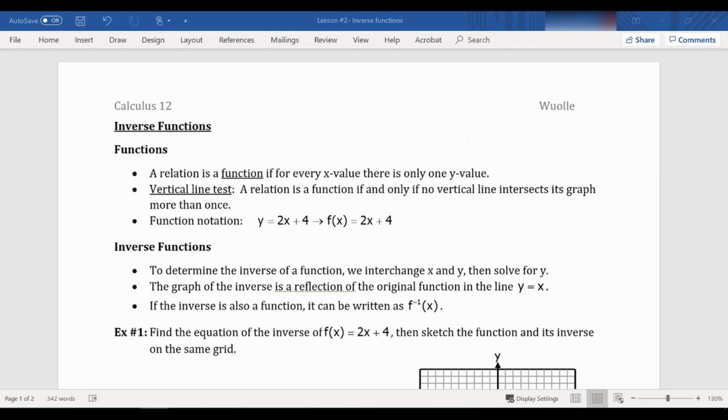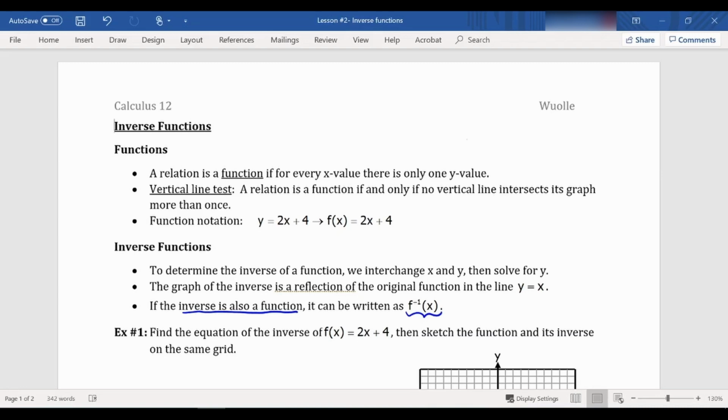So function notation was instead of writing y equals, we're writing f of x equals. And for an inverse function, we would use f with this little -1 here if our inverse was a function. So we can only use this notation if the inverse is also a function. In order to determine the inverse of a function, we would interchange x and y and then solve for y.